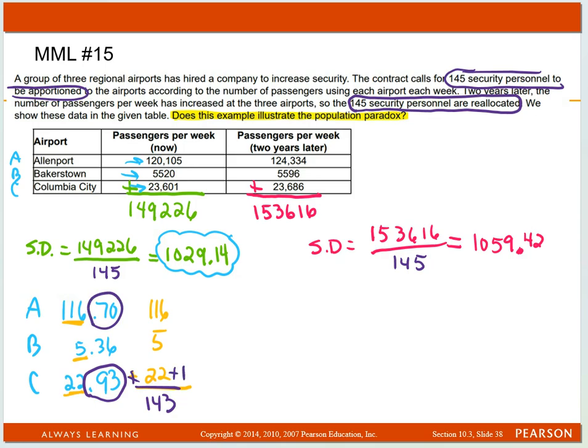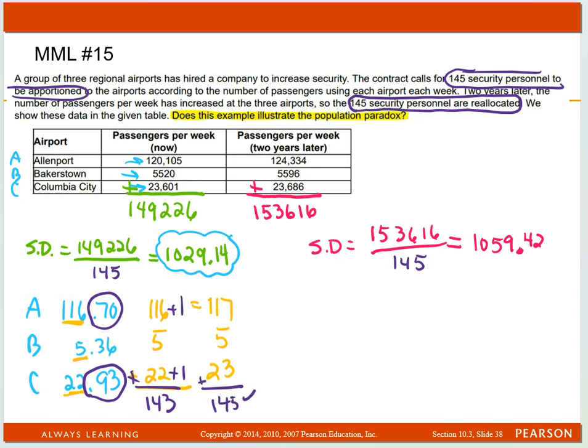So 1 security person goes here, and 1 goes there. Allentown would get 117, Bakerstown still just has 5, and Columbia City would have 23. When you add that up, there's the 145.